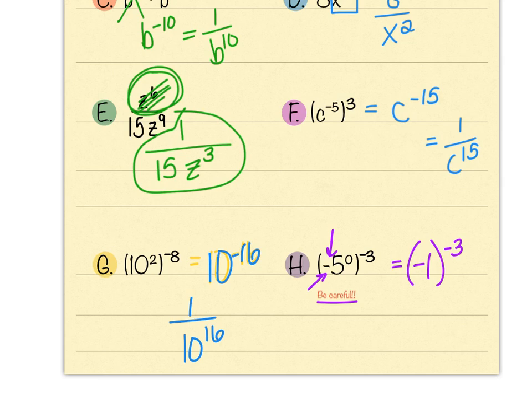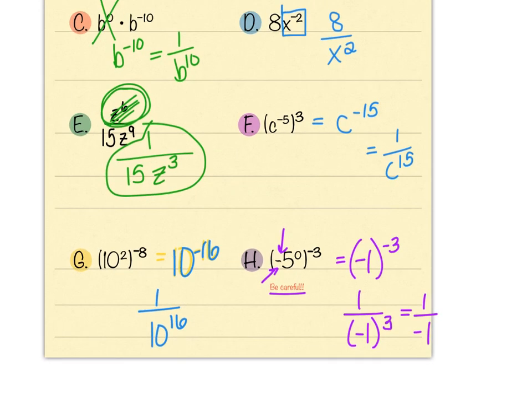And so that's going to be 1 over -1 to the +3rd power, and -1 to the 3rd power is -1 times -1 times -1, which is still -1, and then ultimately 1 over -1 is -1. That one was longer than probably any of them that you'll have in your homework. Just a lot of different steps in there, but this is going to give us -1 for H.